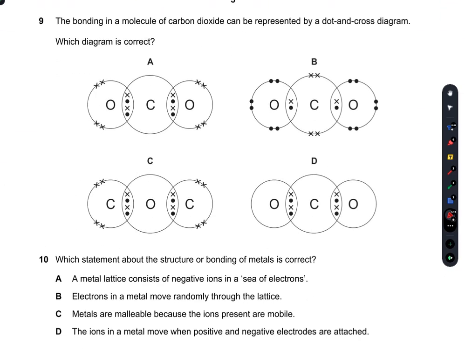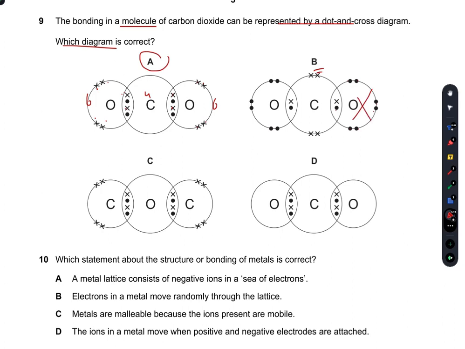The bonding in a molecule of CO2 can be represented by a dot and cross diagram. Which diagram is correct? So if we check A, carbon has 4 electrons, as we know, and oxygen has 6 electrons in its outermost shell, so A can be right. In B, we can see that oxygen has 7.